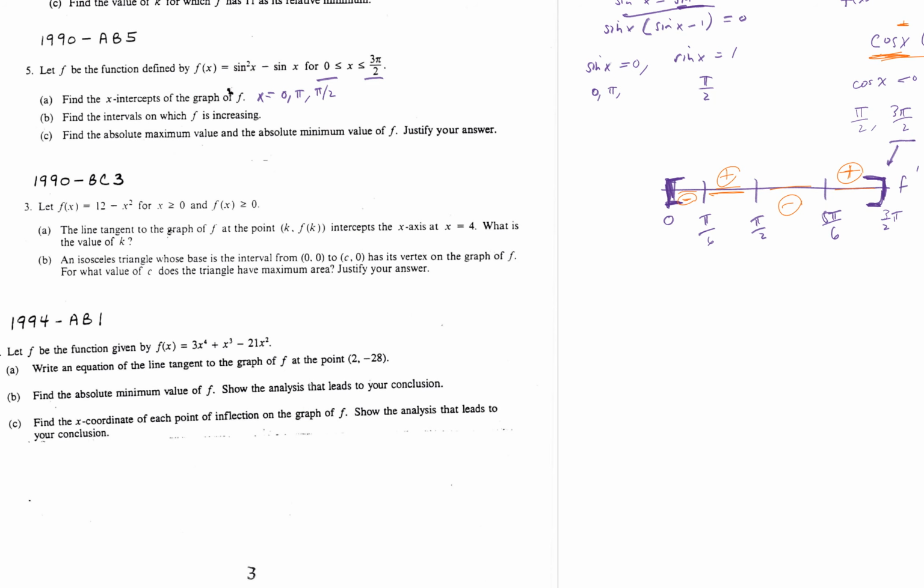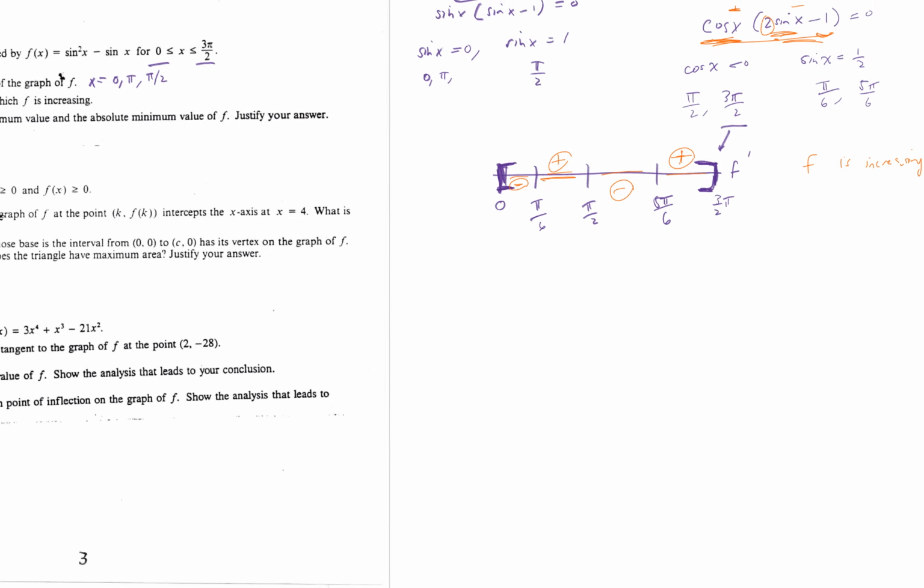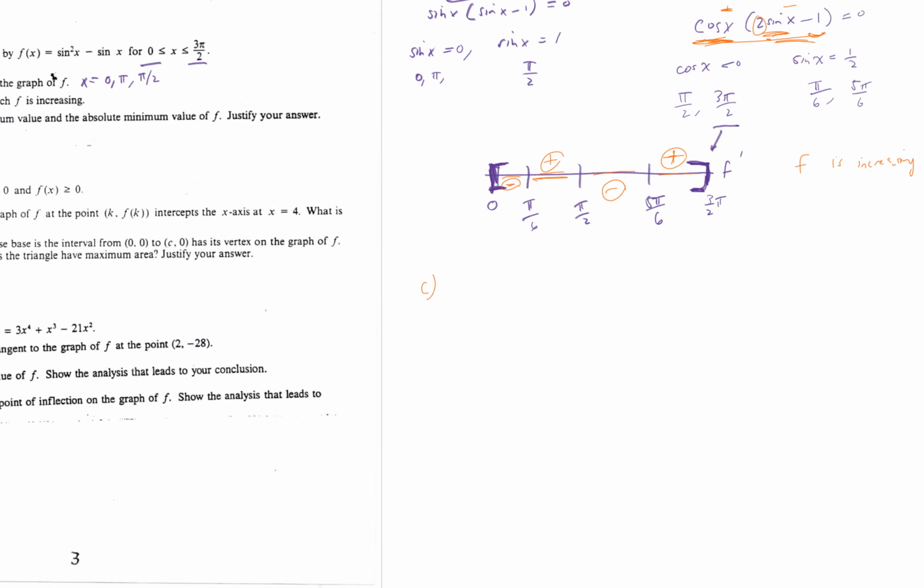Alright, let's see. Find the absolute maximum value and the absolute minimum value of f. Justify your answer. Okay, so to find the absolute max, you need to test the boundaries and you need to test the critical values. This is the extreme value theorem that guarantees an absolute min and max, provided you have a continuous function.